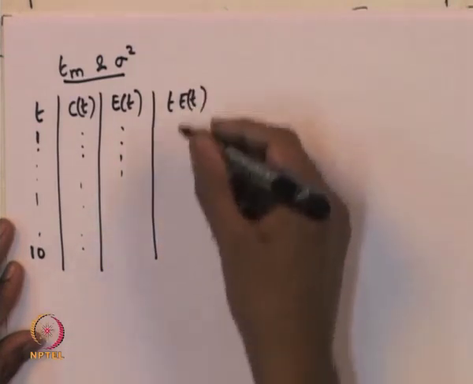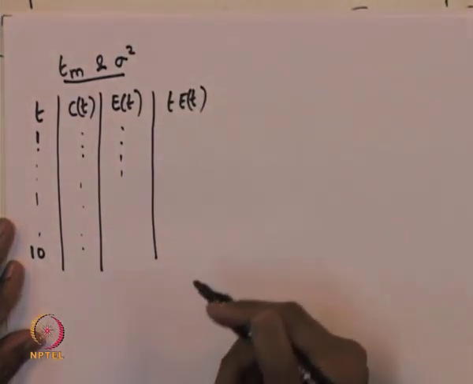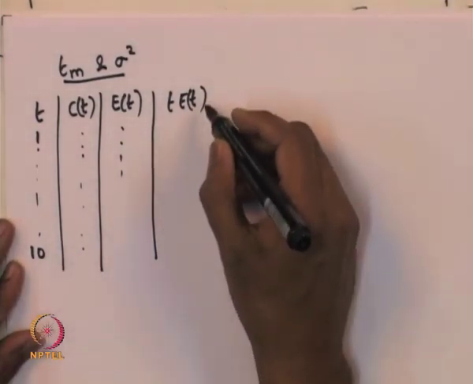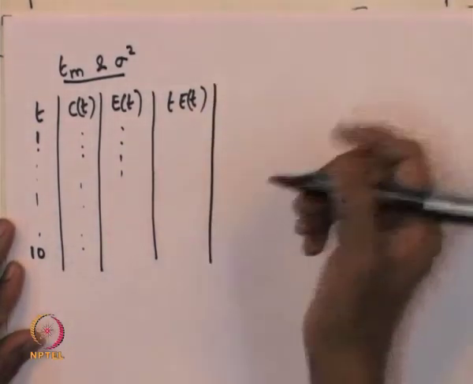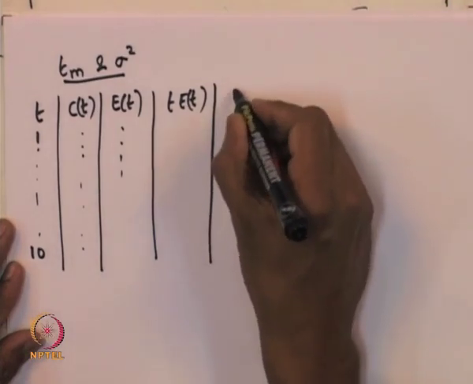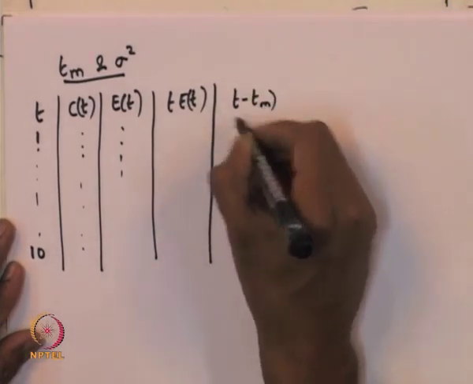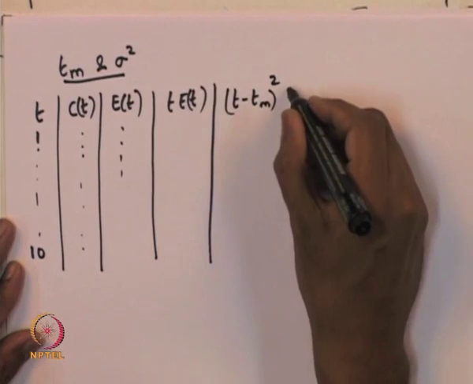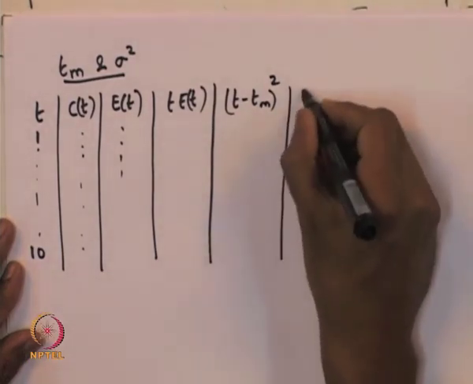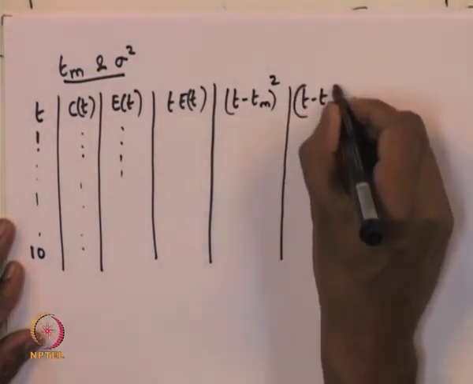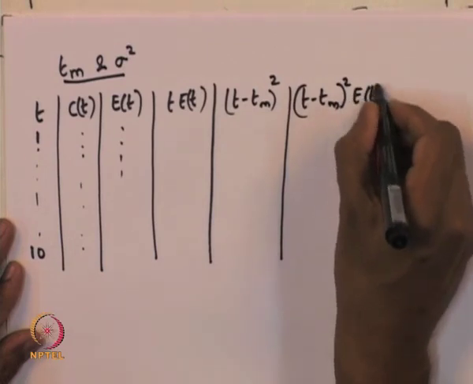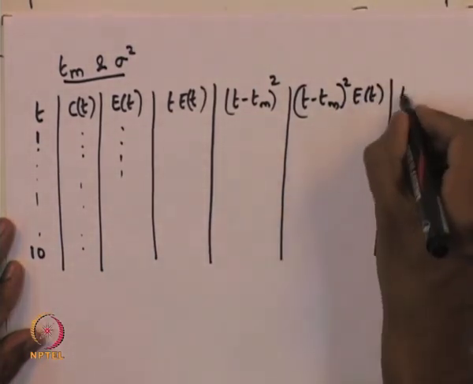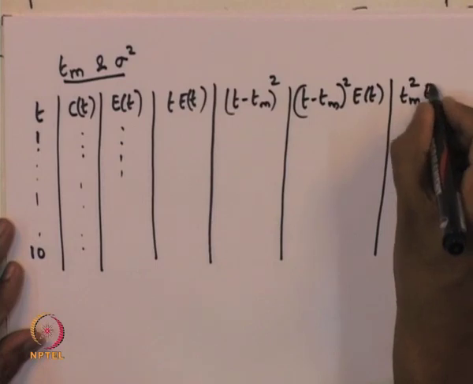This column provides an estimate of the first moment, which can be used to find the mean residence time. The next step is to estimate (t minus T m) the whole square, then (t minus T m) the whole square into E of t, and from here one can find out T m square into E of t.